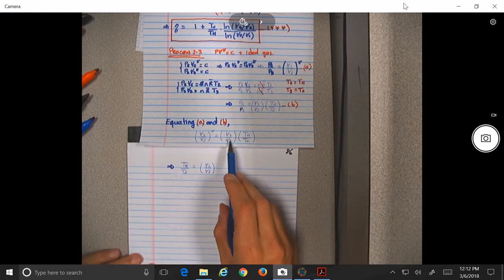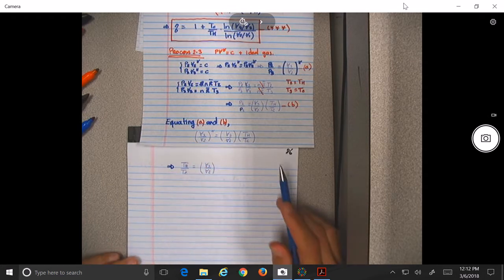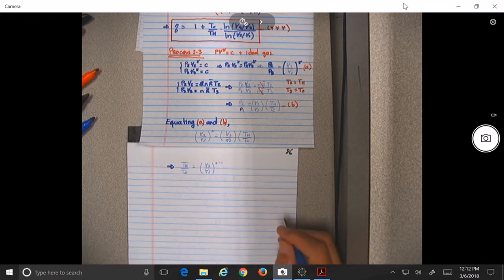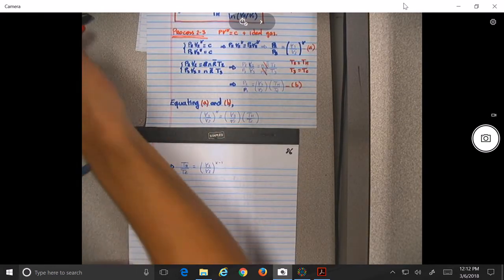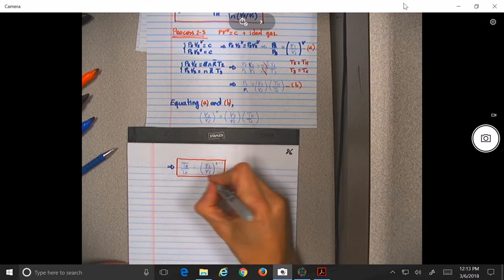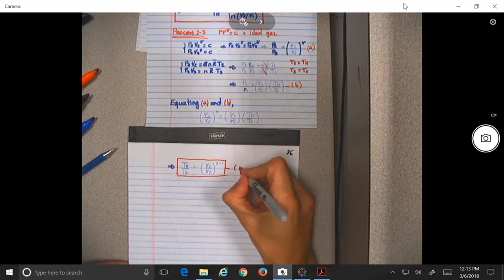What's going to happen when we move this one to the other side? It becomes gamma minus 1. You don't look too convinced, but this is algebra, okay? Let's call this one Roman 1.